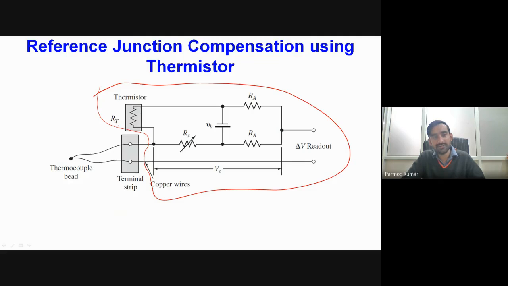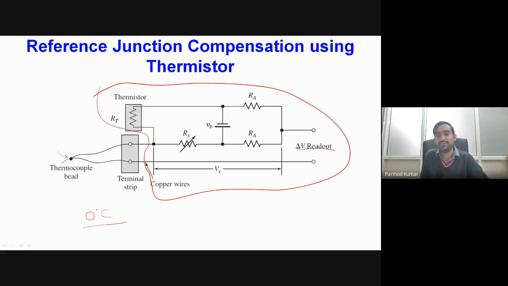So the resistance of this thermistor is RT. Then we have a variable resistance over here, Rx, and VB as some supply voltage, and RA, two additional resistances over here. And we try to measure the final delta V readout over here. So what we generally do, the very first thing, is maintain this thermocouple bead at 0 degrees Celsius.